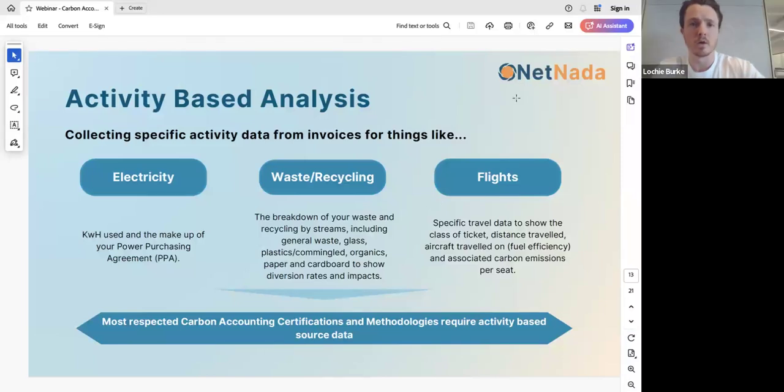And I think, Alex, to that point, it's a great way to respond to the question that was asked in the chat about measuring your scope 3 emissions and reducing them.